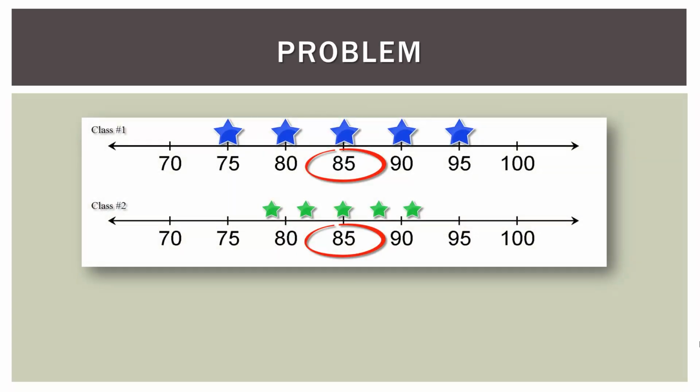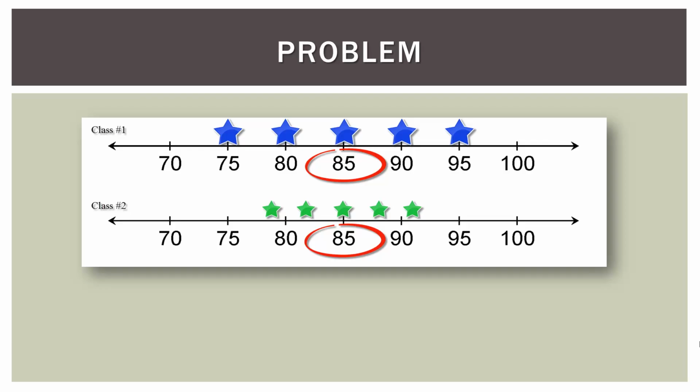As you can see in this line graph, Class 1 and Class 2 both have a mean of 85. But if we graph the actual scores along an axis, we can see that Class 1 scores have a much wider distribution. They're much more spread out from the mean. In Class 2, the scores are closer in to the mean where the green stars are.